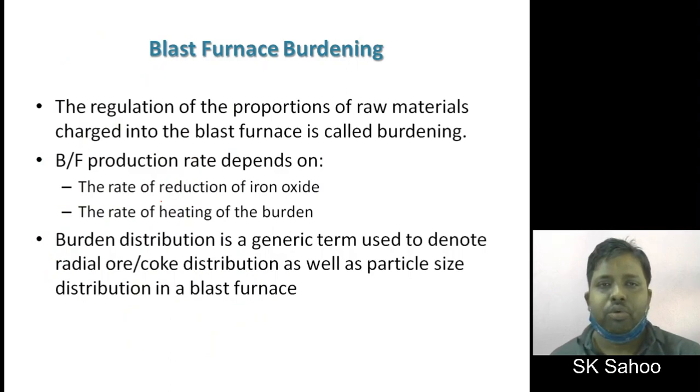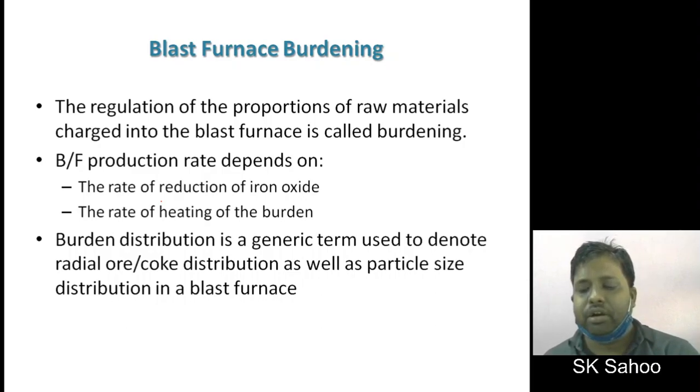Now we will study blast furnace burdening. So we studied the various sections of a blast furnace. Let's see how the top part, that means the charging device of a blast furnace, works.